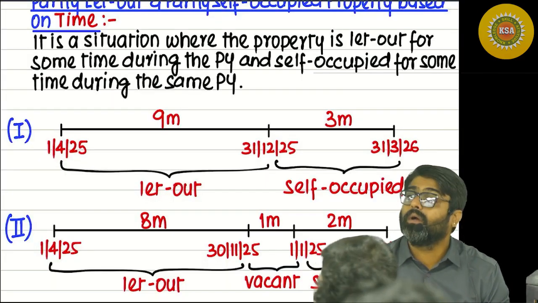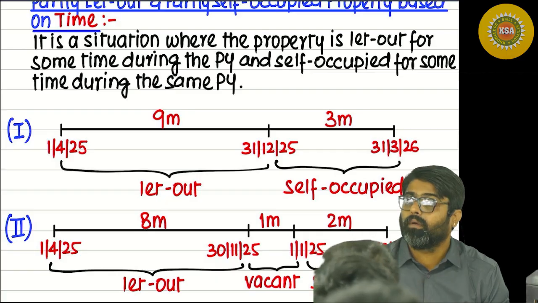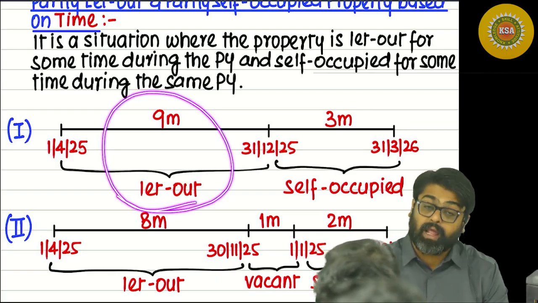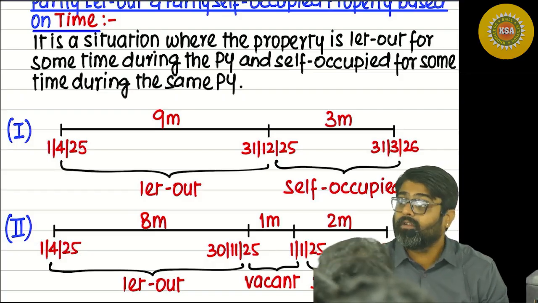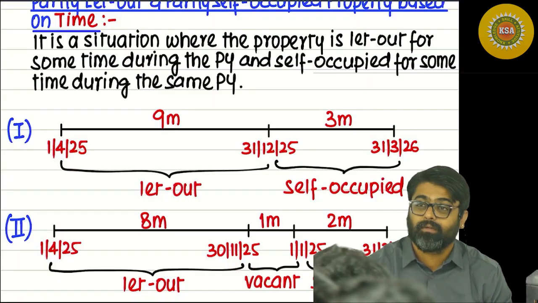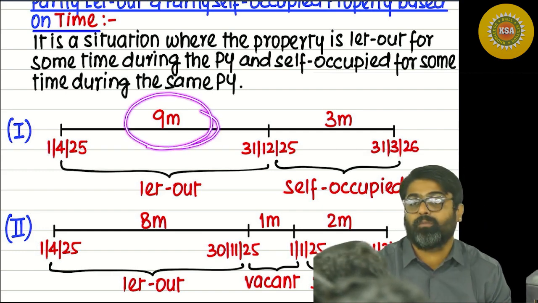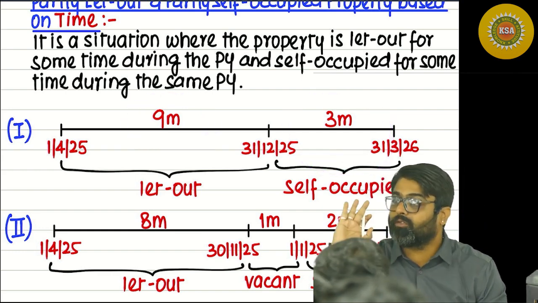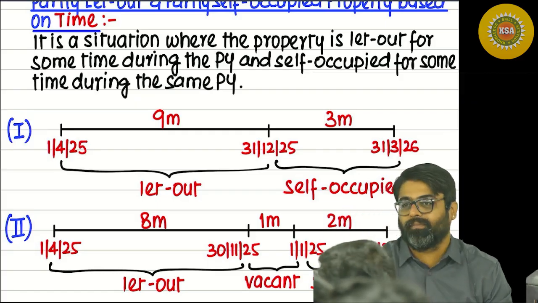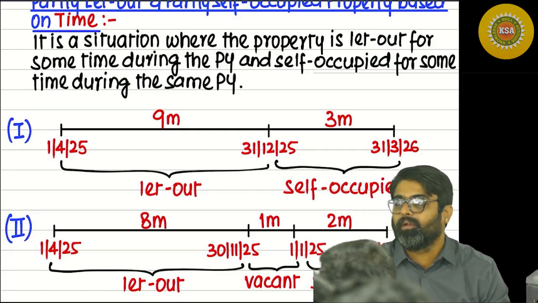SOP or LOP? Why? Because, sir, for 9 months, for the majority of the period, the property is let out. So I will take LOP. What if for 9 months it was SOP and 3 months it was LOP? Then also the status will be LOP only. Why LOP? Simple.